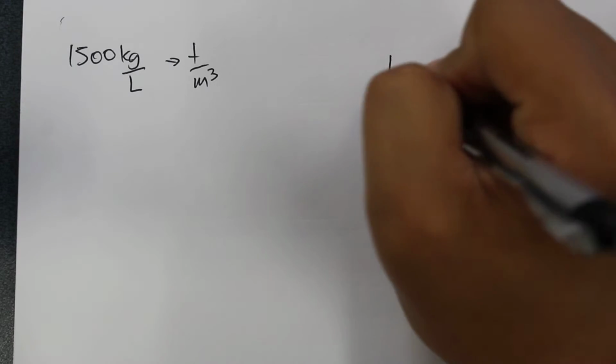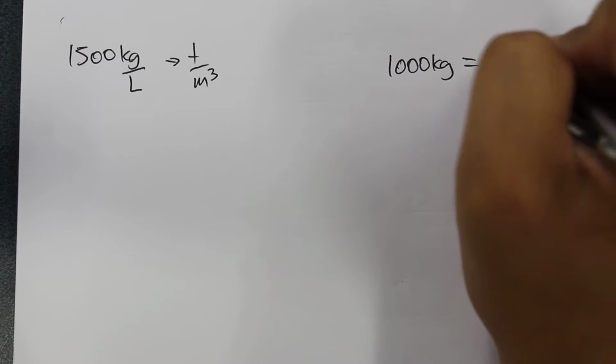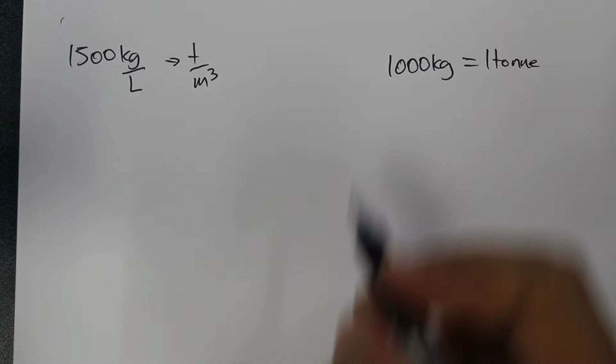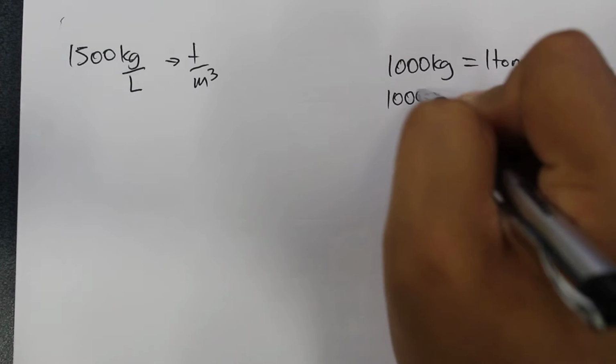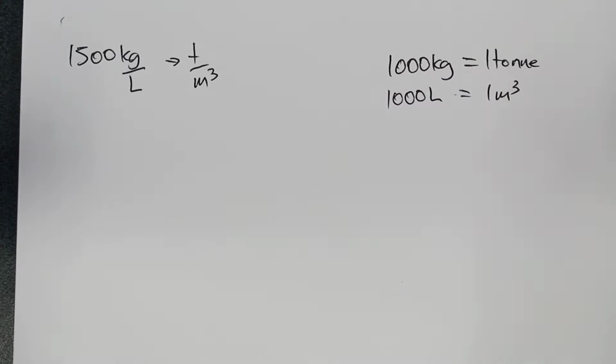So 2 identities which we need to know here. First is that 1,000 kilograms is equal to 1 ton. And second is that there is 1,000 litres in 1 meter cubed.